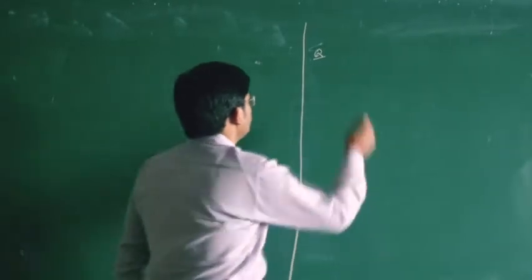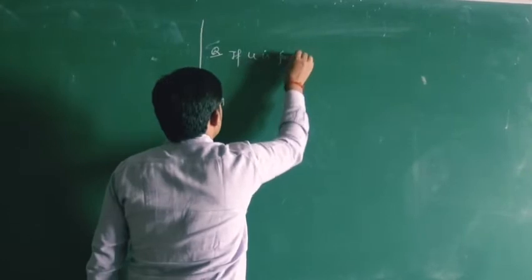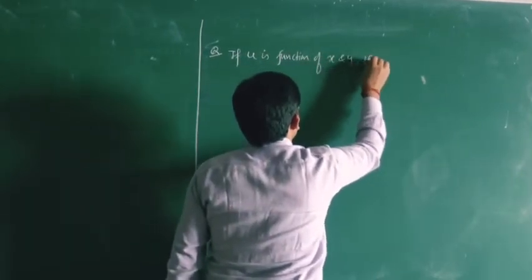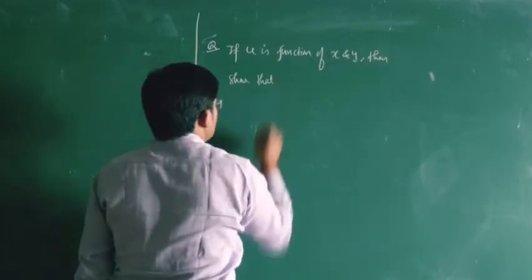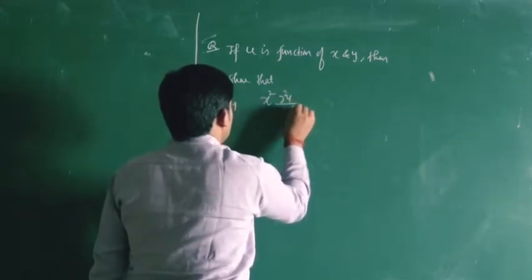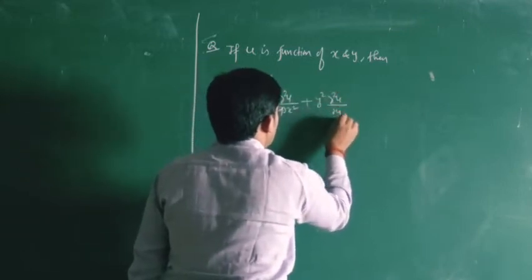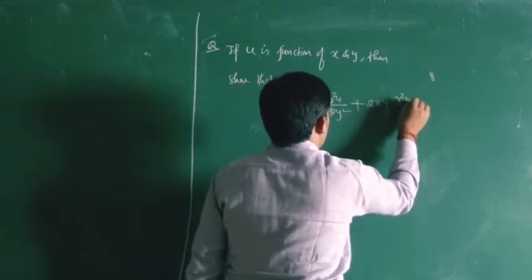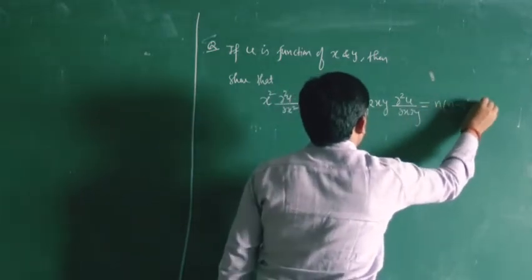If u is a function of x and y, then show that x square del 2u upon del x2 plus 2xy del 2u upon del x del y plus y square del 2u upon del y2 equal to n into n minus 1 into u.